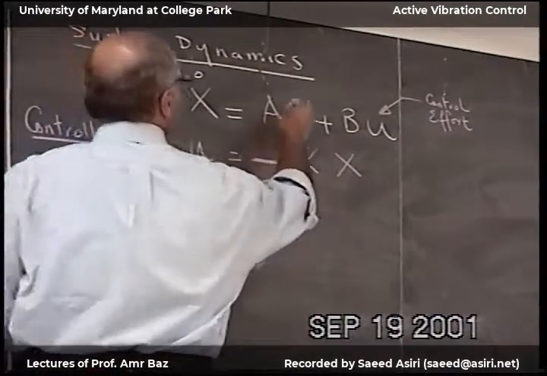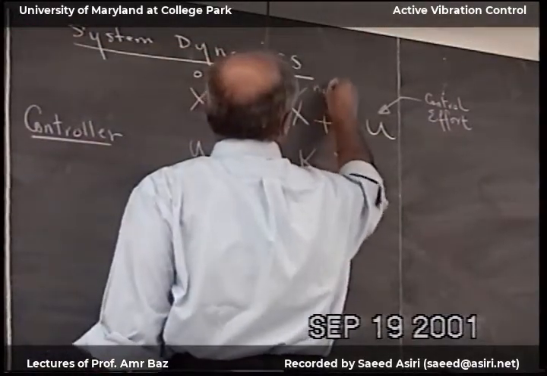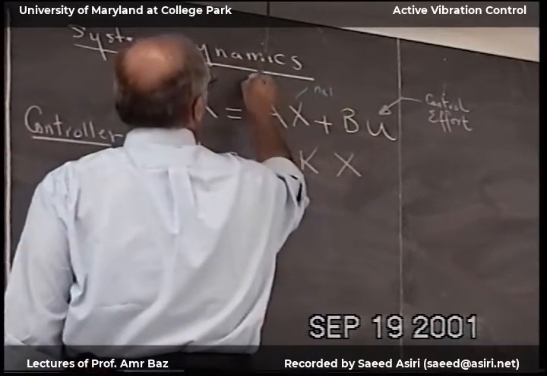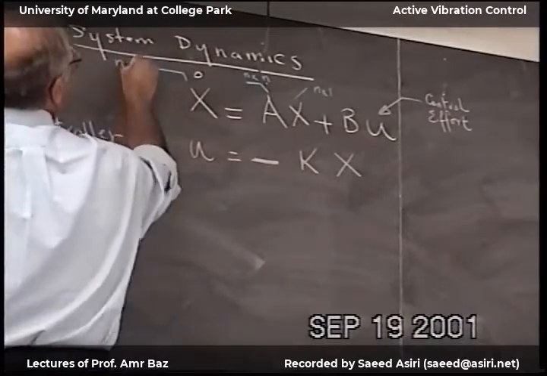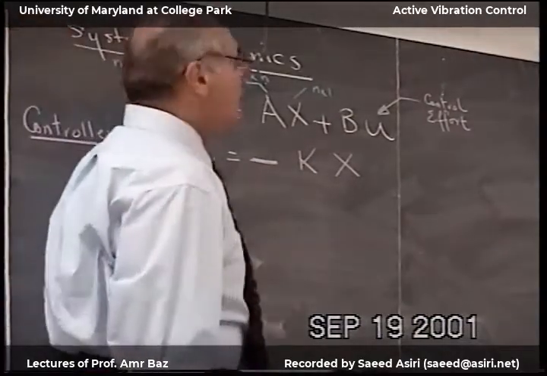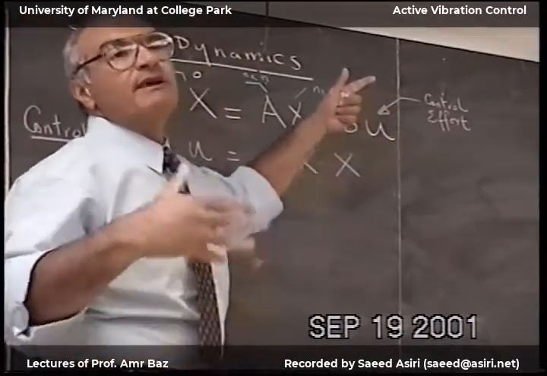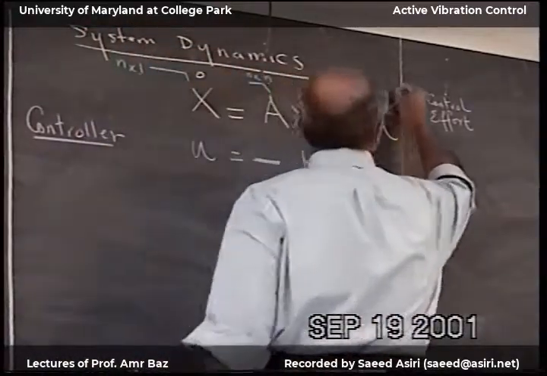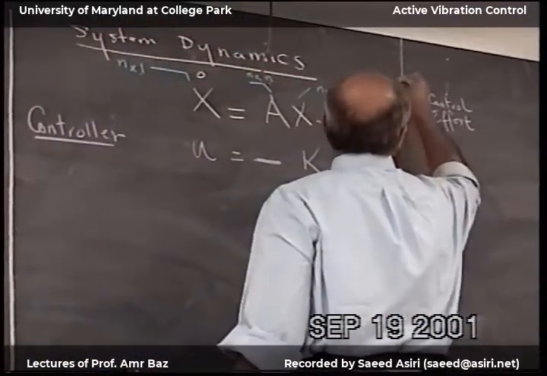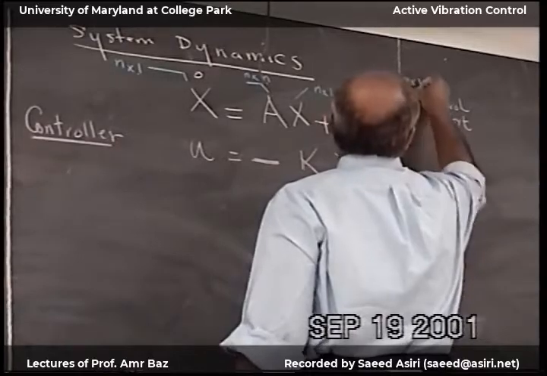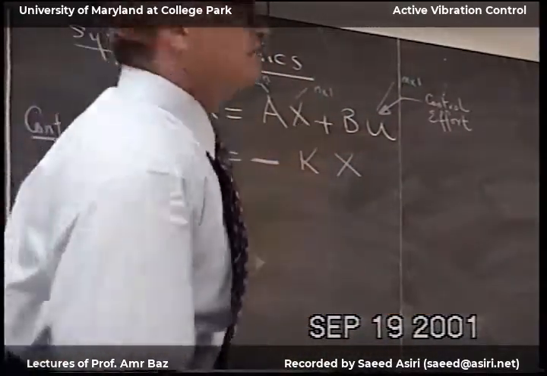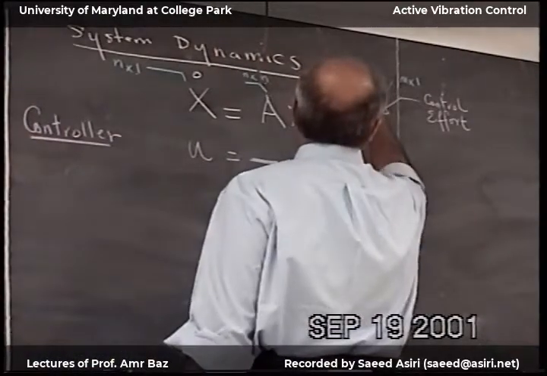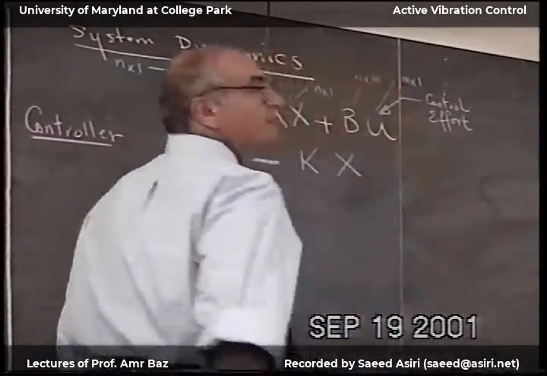So the x is usually n by 1. The A is n by n. So of course the x dot will be n by 1. The u, I can use many controllers. So I can make this m by 1. So accordingly the B matrix has to match the dimension, and then this would be n by m.